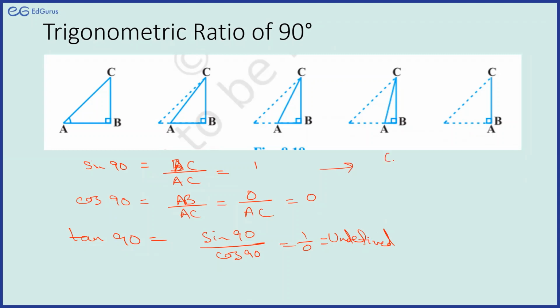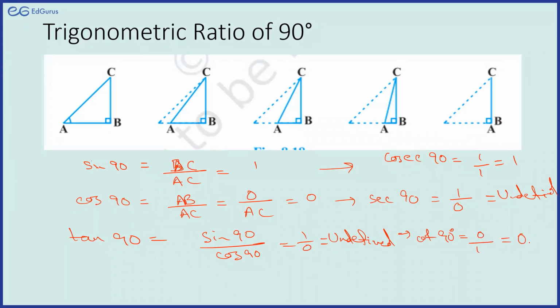Now cosec 90 is 1 upon sine 90, so this is 1. Sec 90 is 1 upon cos 90, so it is undefined. Cot 90 is equal to 1 upon tan, so this is 0 upon 1, which is 0.